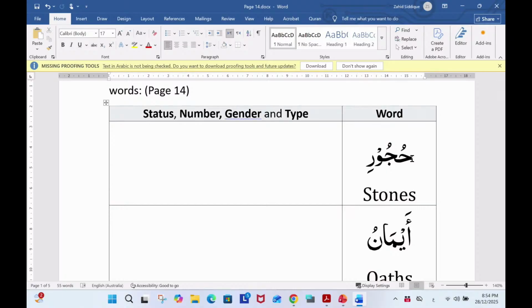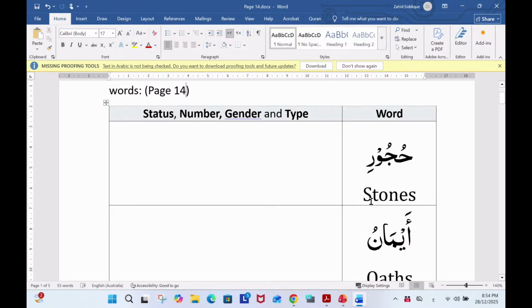Hujuri. Okay. As we mentioned, normally a singular word or a broken plural would both have ending sound. Wherever we have a broken plural, I have added the meanings. If you look at the meaning, it says stones.